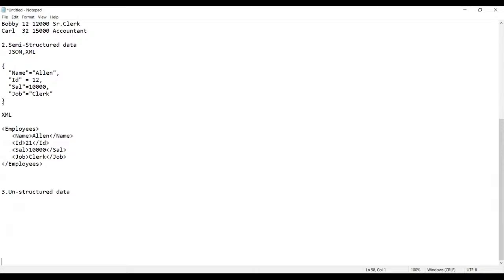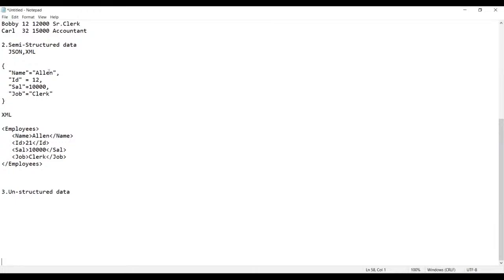All those are called unstructured data: data which does not follow any structure. There is no format for unstructured data. Your photos, your chat histories, etc.